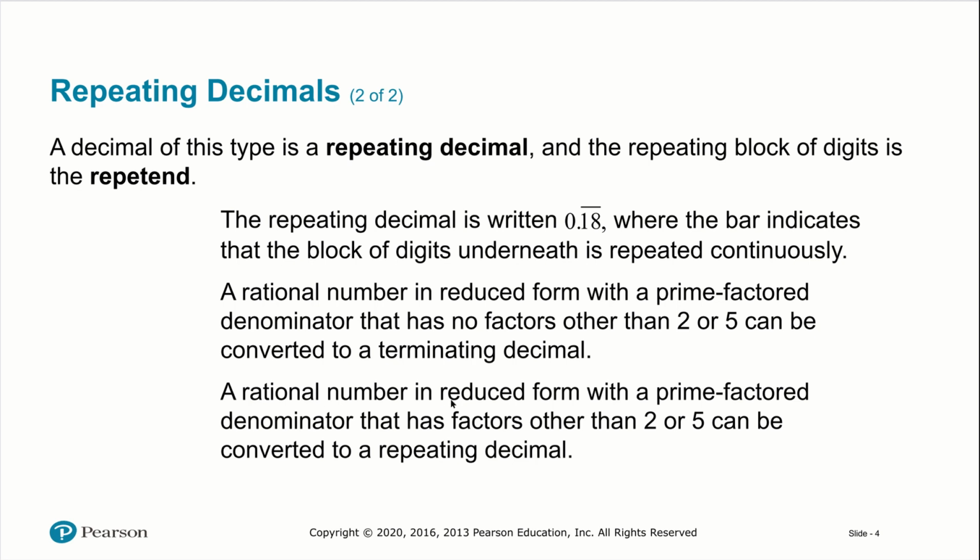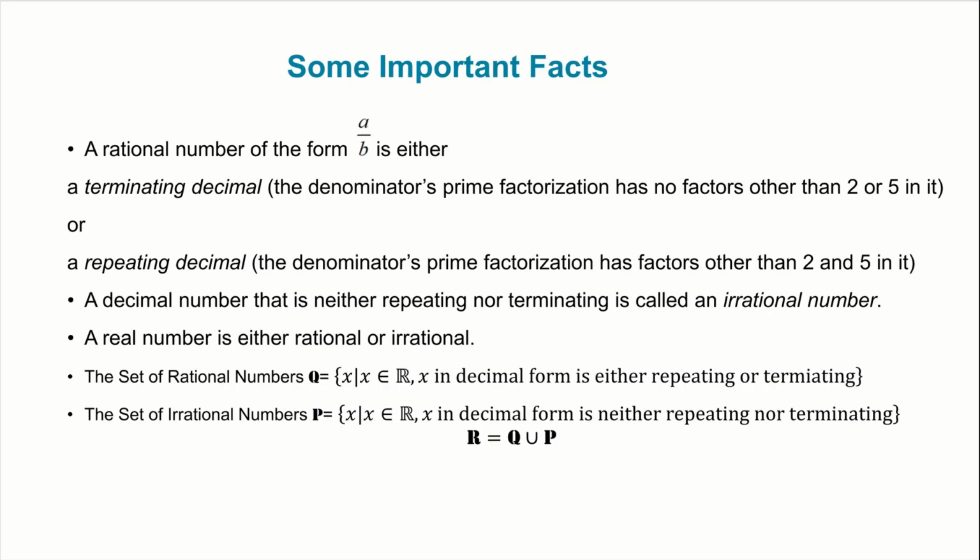Now, a rational number in reduced form with a prime factor denominator that has factors other than 2 or 5 can be converted to a repeating decimal, the type we're discussing in this lesson. Now that we've learned about repeating decimals, there are some interesting facts that we can state.